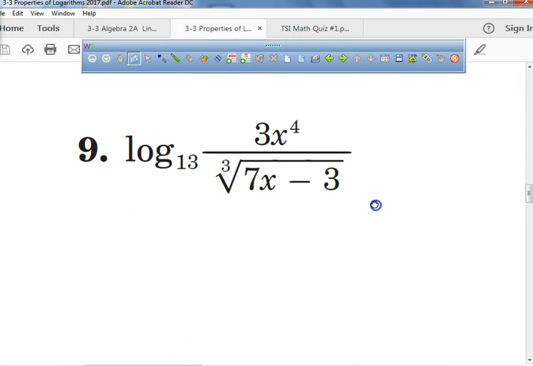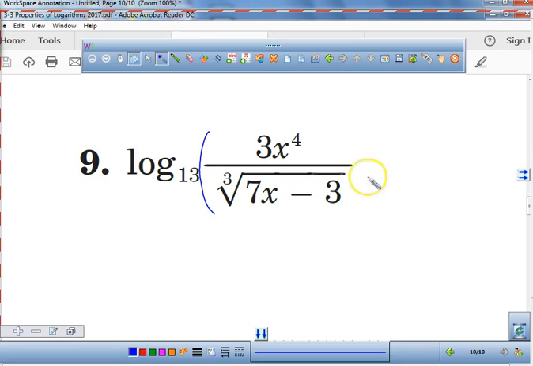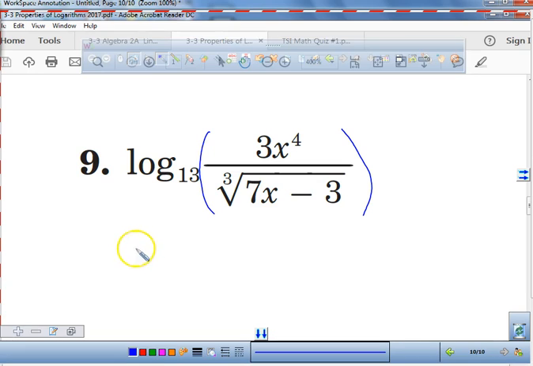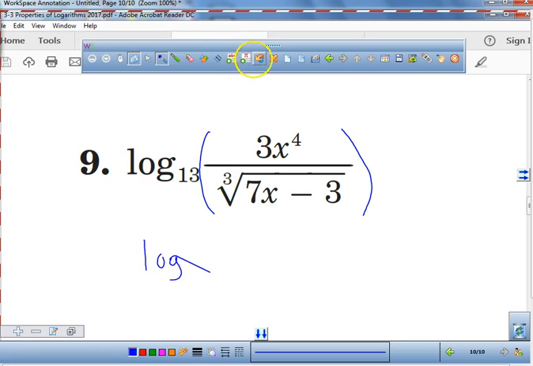All right, one more. The very first property that I want you to use is the quotient property on number 9. Get closer to my computer, maybe the board will look better.